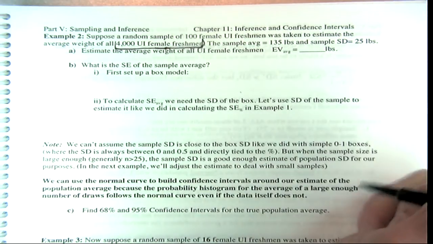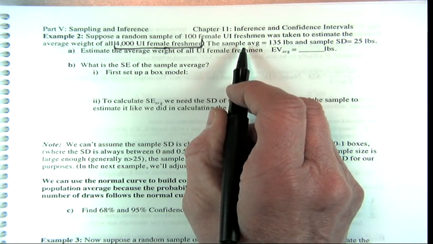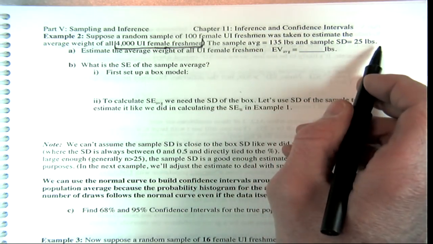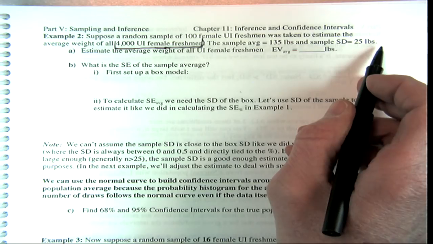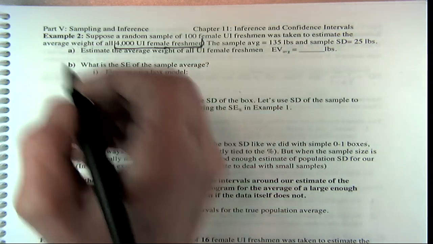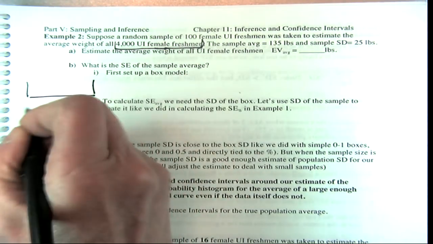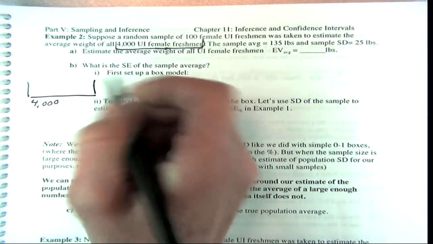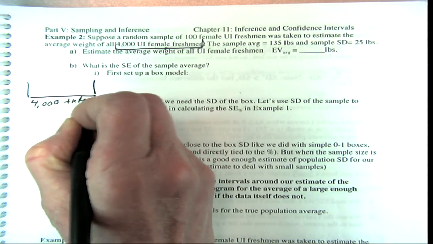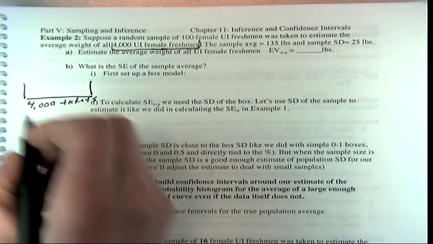That's our box. And here the sample average is 135 and the sample SD. Okay, first let's just set up our box model just to get the picture. So we have this box here where there's 4,000 tickets inside. On each is written what? Not zeros and ones. On each is written what?